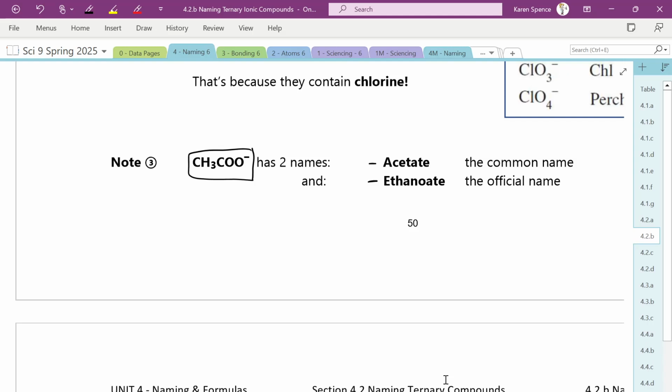Let's talk. Why don't you go through this and just check whether it's ionic or not?